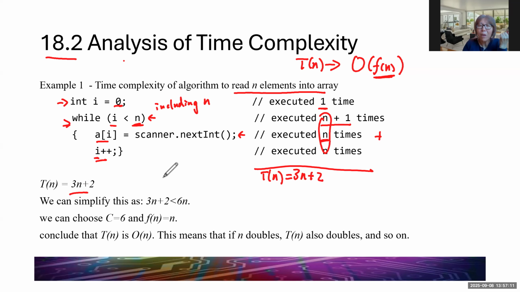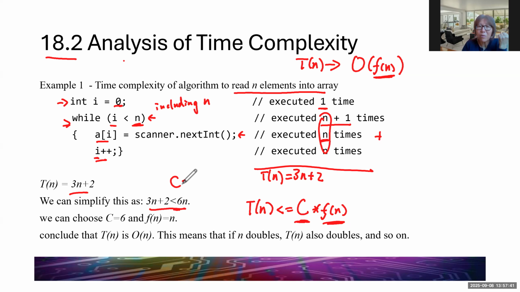And if you recall previously, we said the goal is to find the Fn, so we need to find a constant. Over here, especially when n is large enough, we can always guarantee this.